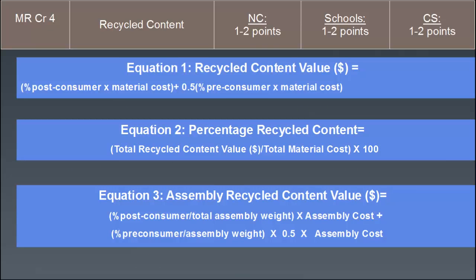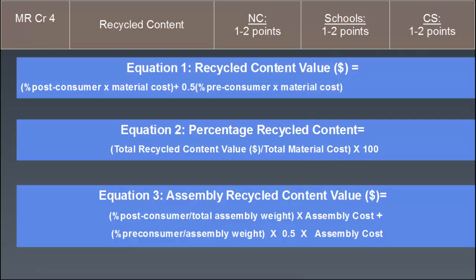Equation 1, recycled content value based on cost. It's percent post-consumer times the material cost. That percent post-consumer is based on weight to start with. So you get that percent recycled content of the material, such as recycled content in a carpet. It's based on the total weight of that recycled content in the assembly.